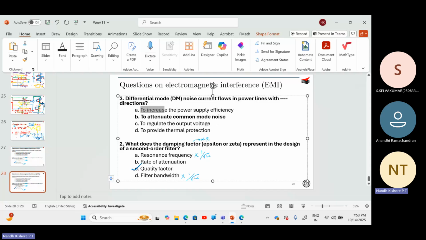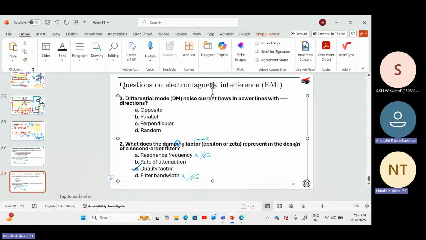Does it flow in opposite direction, or in parallel direction, that is in the same direction, or in perpendicular direction, or does it flow in some random direction? So what is the answer? Differential mode noise will flow in the same direction or opposite direction?